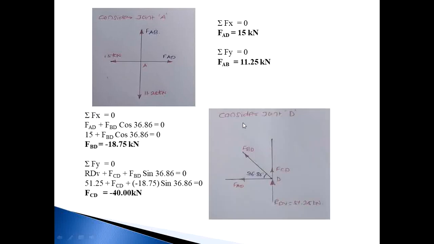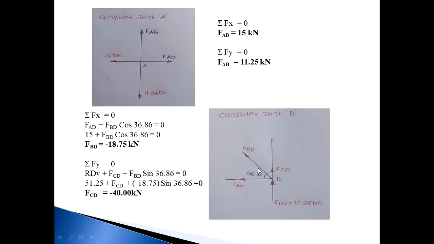Then next consider joint D. At joint D, first summation Fx, horizontal. Consider all horizontal forces in the system, one horizontal and one inclined force. So split this inclined force into two perpendicular components, that is F cos theta and F sin theta.